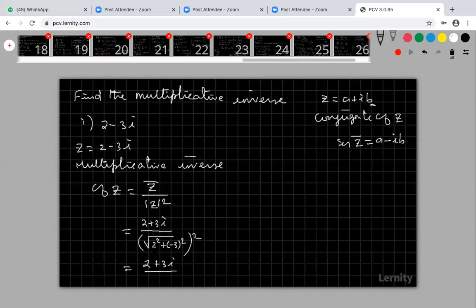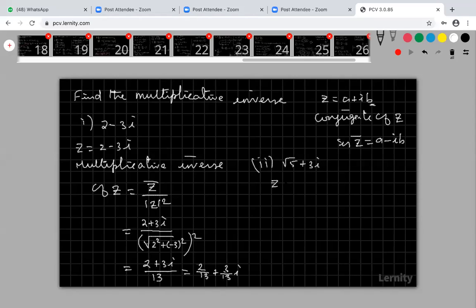I will get 2 square is 4, minus 3 the whole square is plus 9. So therefore I will get 13 only. So therefore this is 2 by 13 plus 3 by 13 of i. This is my multiplicative inverse. Okay, suppose come to the second problem, how to find out the multiplicative inverse of root 5 plus 3i.